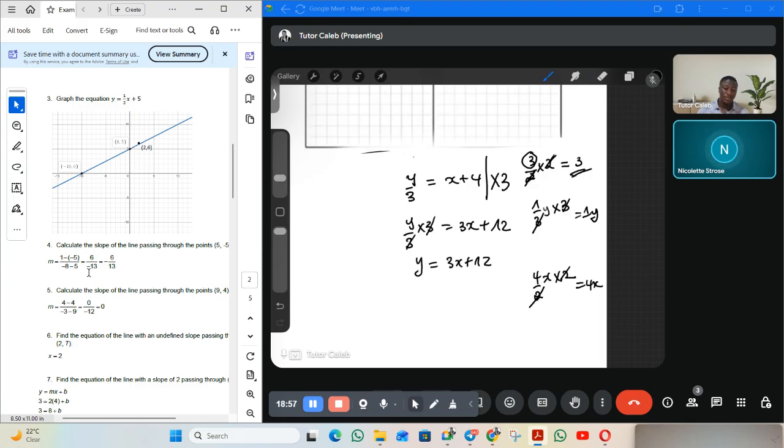Okay, I understand. So this step is just to get rid of the fraction. Right, so we got rid of the fraction. Yes, this is the new equation now. It has no fraction.